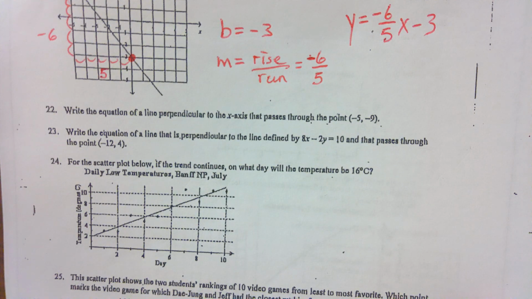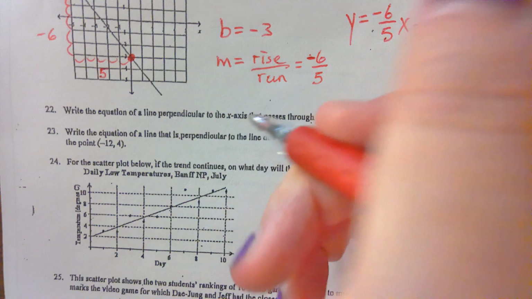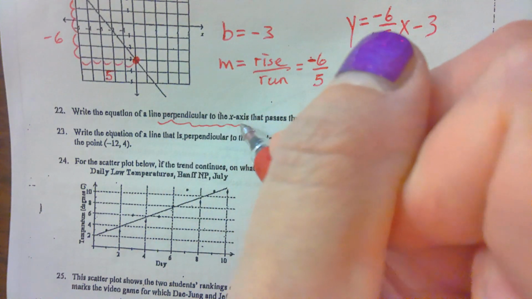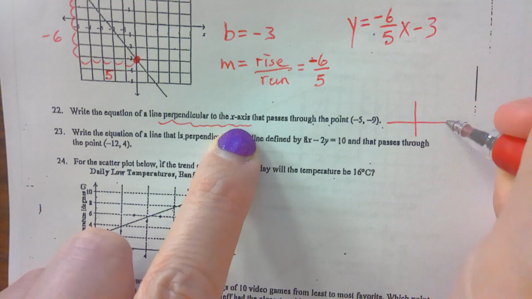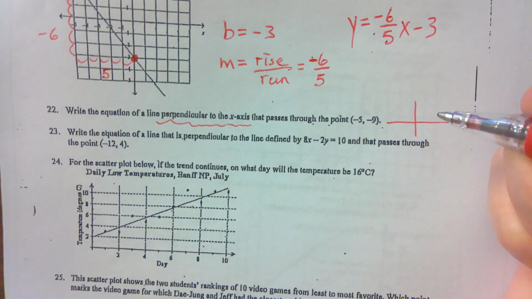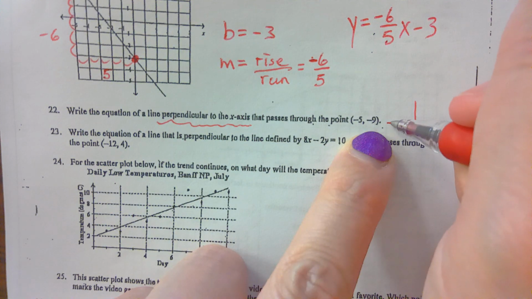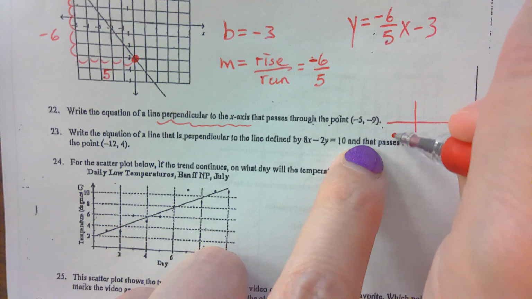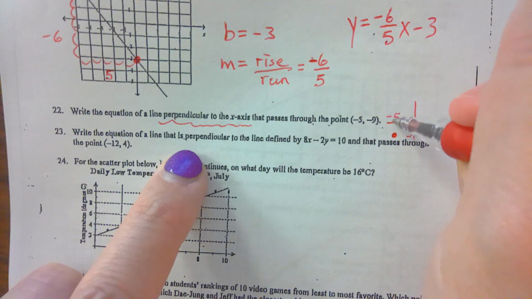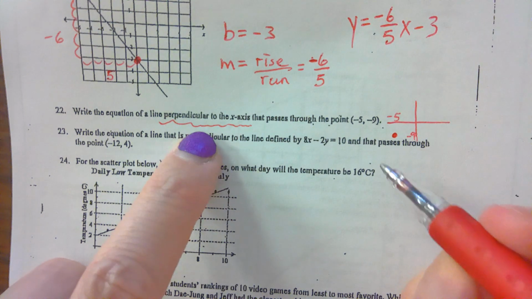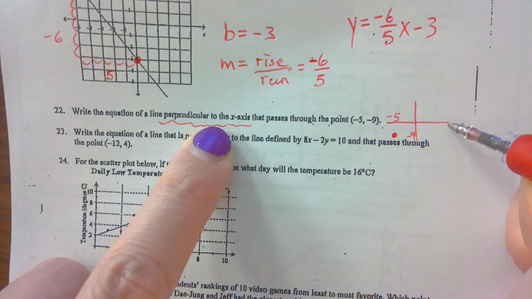Write the equation of a line perpendicular to the x-axis that passes through this point. Remember these ones when I say perpendicular or parallel to axes? You want to do a quick little sketch. These are the fastest way to do. No algebra involved. So negative 5, negative 9, somewhere down here. Perpendicular to the x-axis.